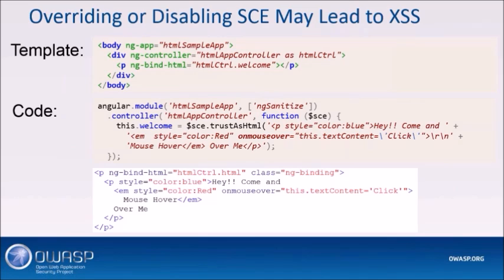For example, if we use the $sce.trustAsHtml function when assigning our welcome variable and also bind it with ngBindHtml, all the HTML tags will be processed by the browser as is. And if a user placed malicious JavaScript, such as an onMouseOver event, this JavaScript will actually be executed.